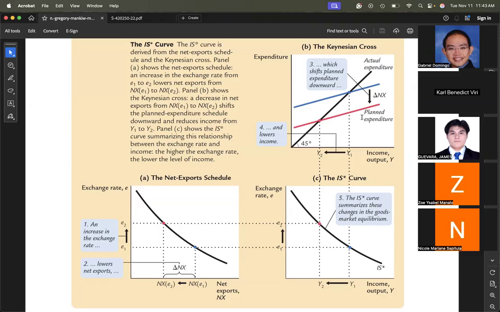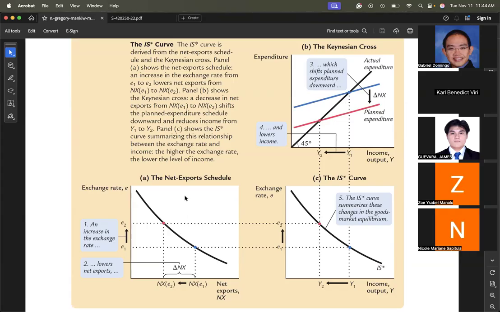In this case, NX went down. If NX goes down because of an increase in the exchange rate, so E went up, NX went down, then when NX falls, Y will also fall, and therefore it preserves that negative relationship between IS and the exchange rate, real or nominal.